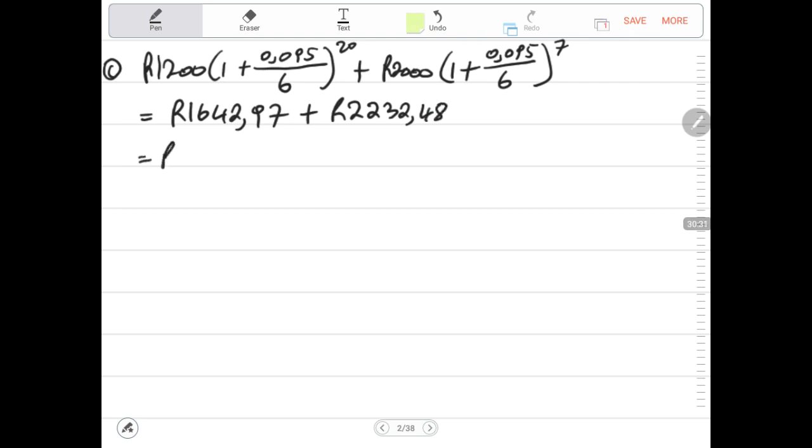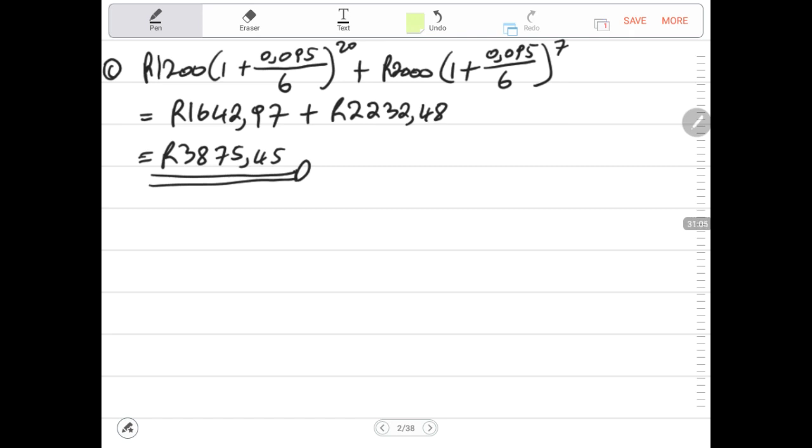Then we add the two figures, plus 1,642 rand 97 cents. This gives us 3,875 rand 45 cents. So this is the amount that will be in the account at the end of month 40, 3,875 rand 45 cents.